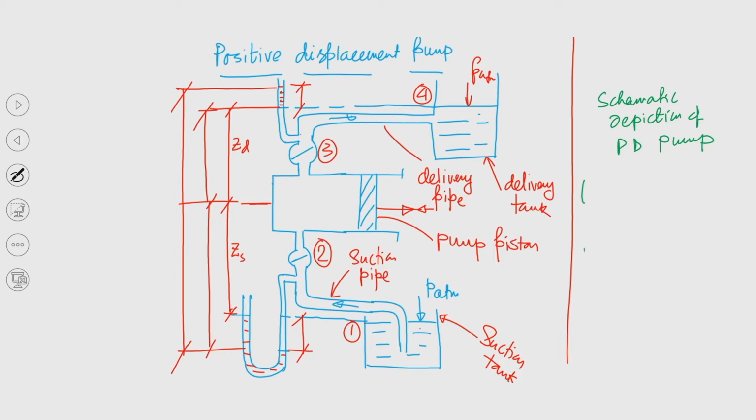We are supplying energy in the form of mechanical work, and a part of that work will be utilized to overcome the frictional losses. So, the energy balance of this system is: energy of liquid at point 1 plus work done by the pump equals energy at point 4 plus the frictional losses.